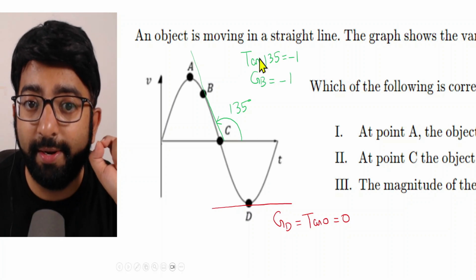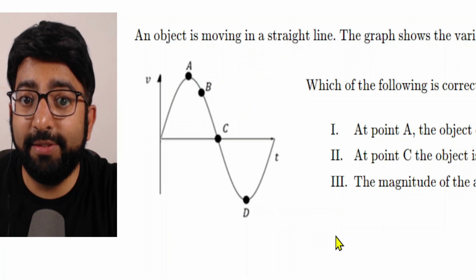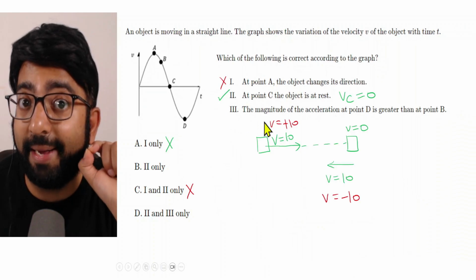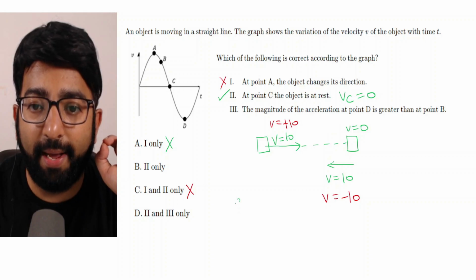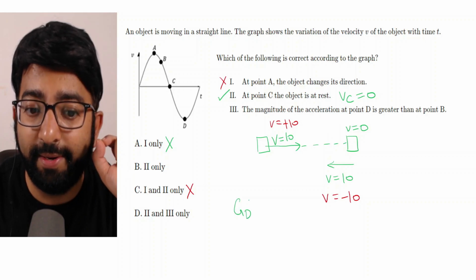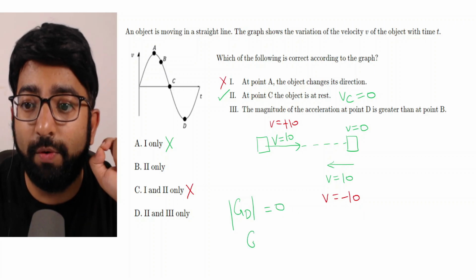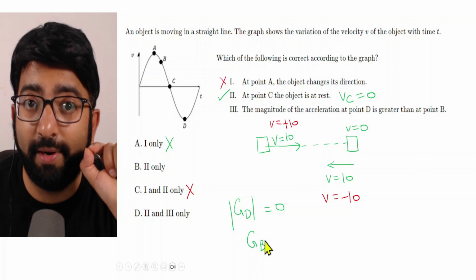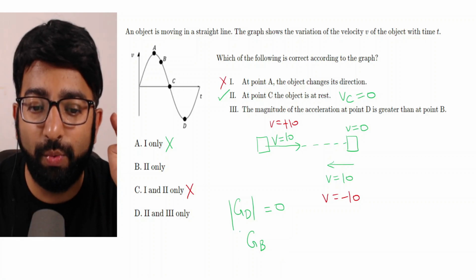Now remember this: the gradient at B is minus 1, and the gradient at D is 0. Let's go back to the question. Statement number 3, we need to identify the magnitudes of acceleration at the points D and B. The magnitude of the gradient at the point D is equal to 0, and the magnitude of the gradient at the point B, the absolute value of the gradient we figured out as negative 1, will be equal to 1.